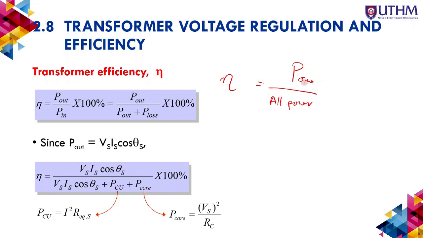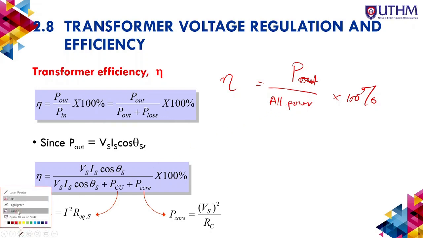Ni output power, P out. Ni all power divide by all power lah, senang kata. Kenapa all power? Sebab dia P out tambah dengan losses lah. Ataupun secara ringkas lagi adalah P in lah. P in tu semua ada, dia belum ada loss lagi.